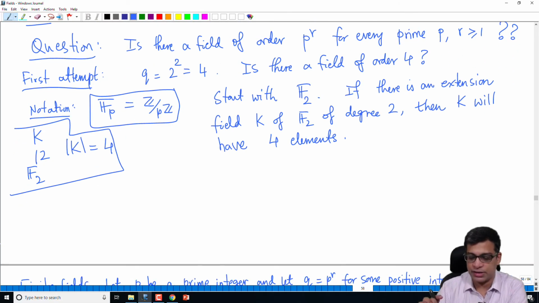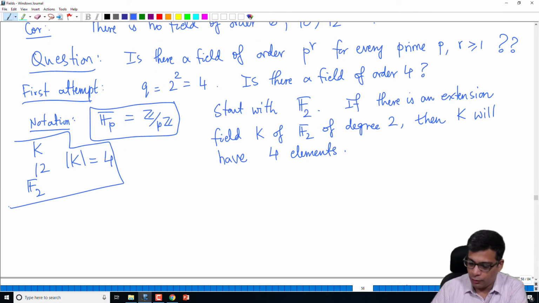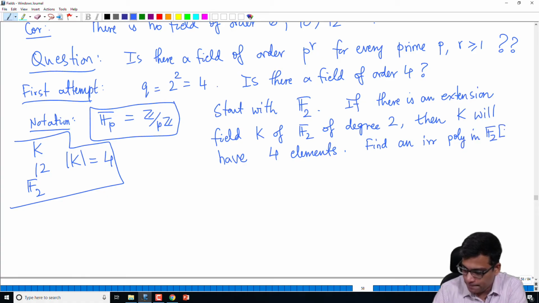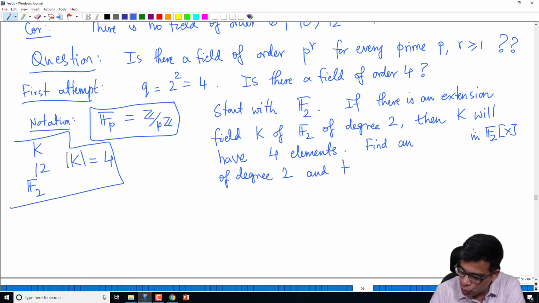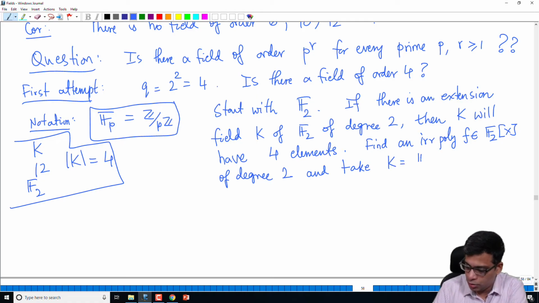Now the question is, how do we construct a degree 2 extension? All we need to do is find an irreducible polynomial f in F_2[x] of degree 2 and take K to be F_2[x] mod f, right?